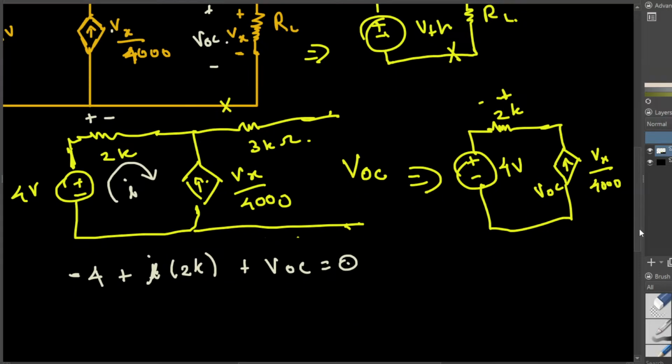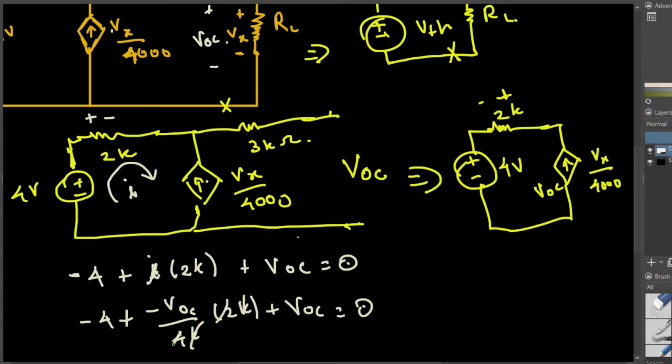If I replace this with negative Vx over 4k, that's actually negative VOC over 4k. Let's do that. So this is negative 4 plus negative VOC divided by 4k times 2k, plus VOC, that's equal to 0. And here the k cancels, and this is going to be 2 in the denominator.